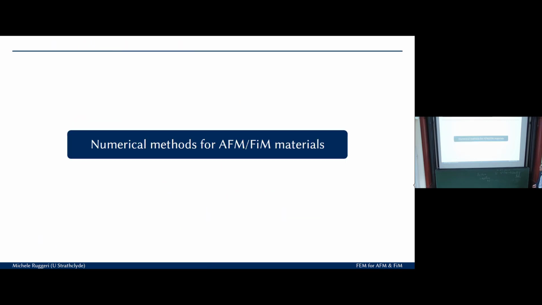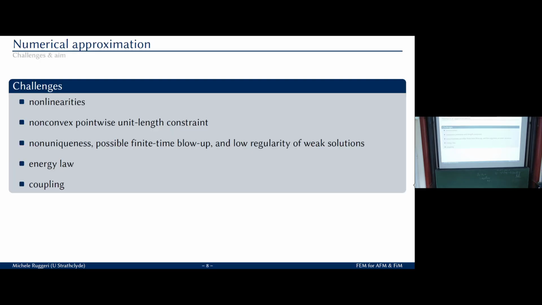Let's talk about numerical methods now. What are the challenges? Actually, this slide is the same slide that I would use talking about micromagnetics for ferromagnets. So these are essentially the same challenges: it's a nonlinear problem.